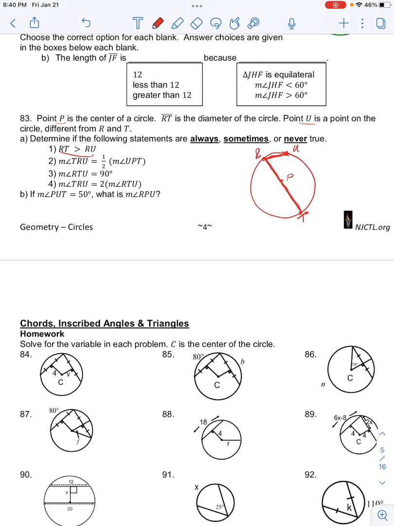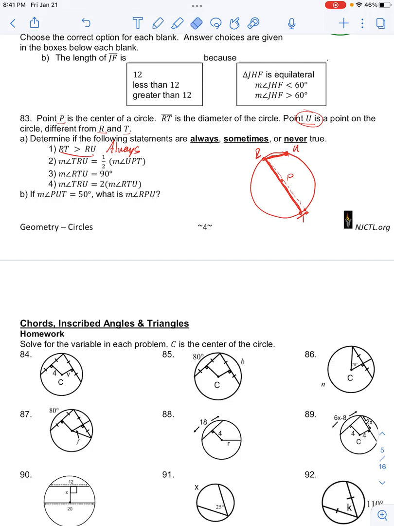Of course that'll be true because it says in the problem that U can never be point R or T. So even if U is very close to T, the distance between R and U would still be less than RT because the diameter is the longest distance across a circle. So this one is always true.